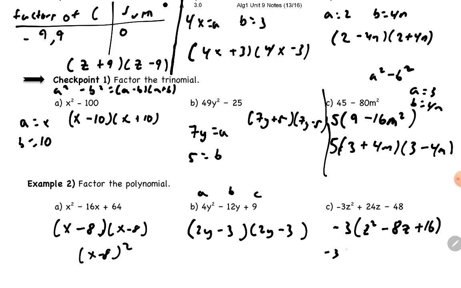So this negative 3 stays out here, and then we're going to factor the inside. So we're going to get z, two numbers that multiply to 16 and add up to negative 8. That would be negative 4. So negative 3 times z minus 4 squared.